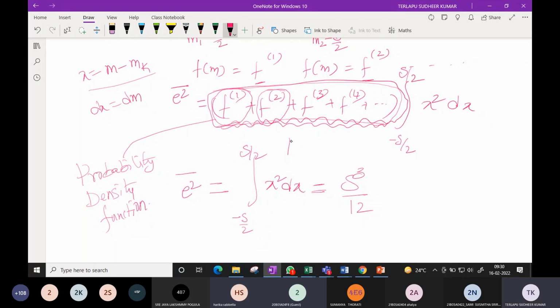So if this entire value is the probability density function, then it will be the total probability, and the remaining term will be s square by 12.